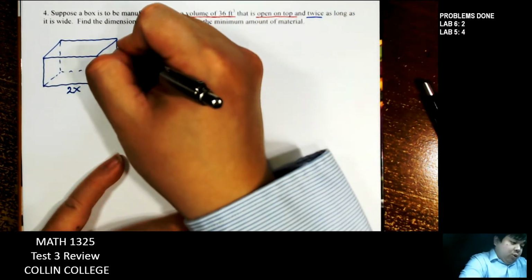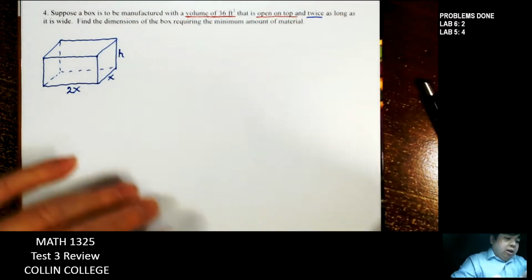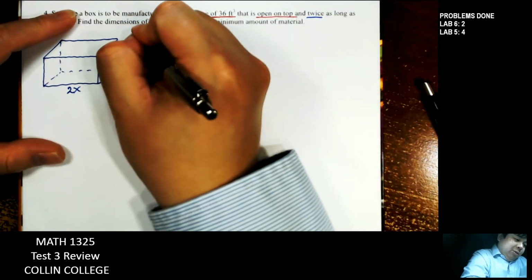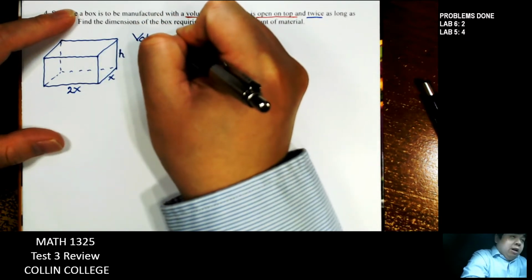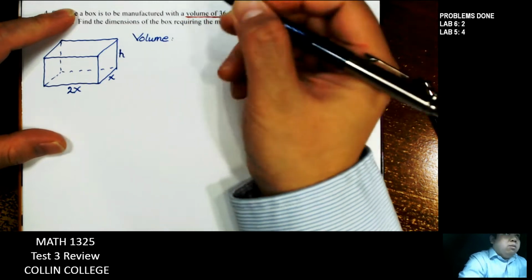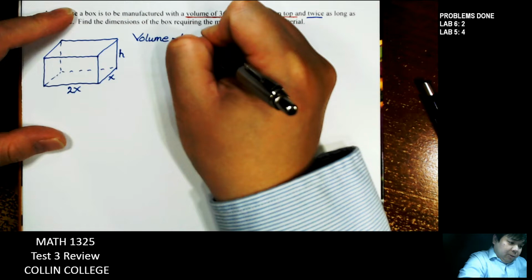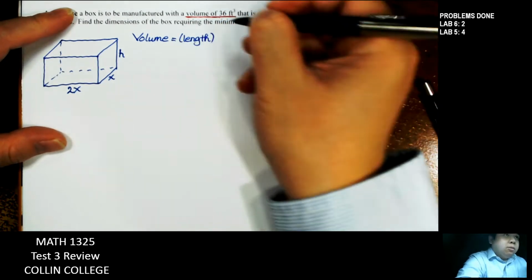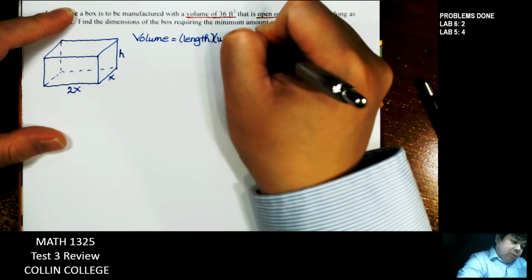Also kind of important, it's twice as long as it is wide. So if we have x here, then this will be 2x, and then we have the height, right? The volume is the length times width times height.